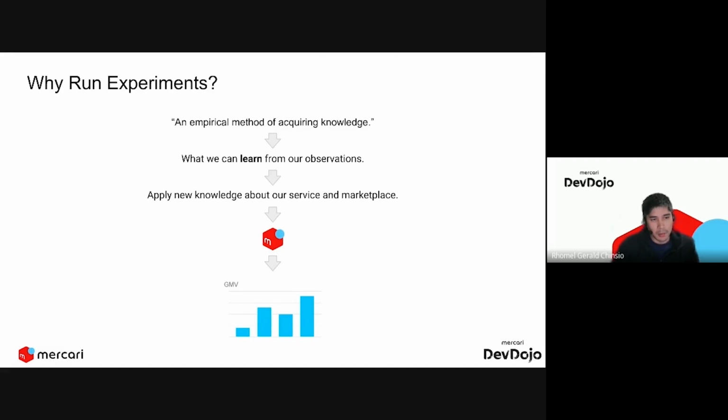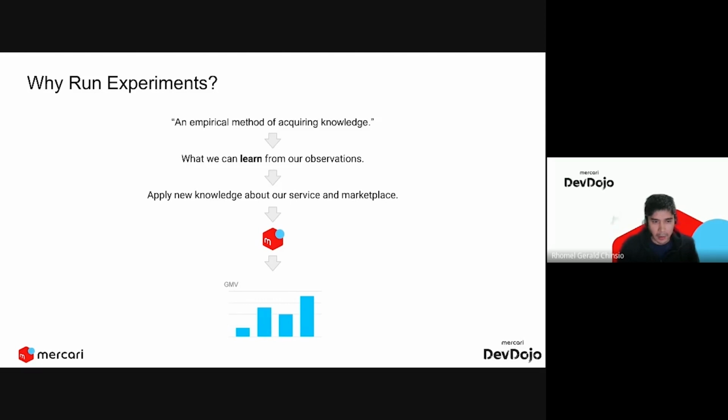So here is my argument. You will have the scientific method at your fingertips, and when you apply it correctly, then you will learn from your observations. And by learning and discovering some useful properties about how the world really works, you will be able to actually improve the product. In this case, your product will be Mercari.